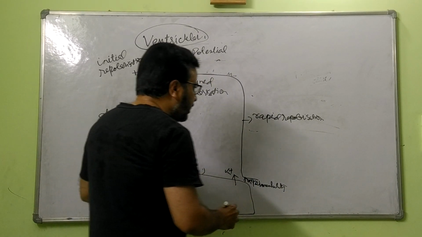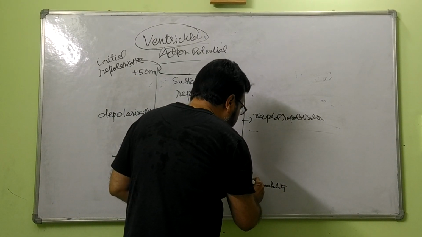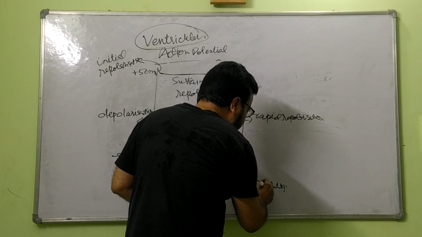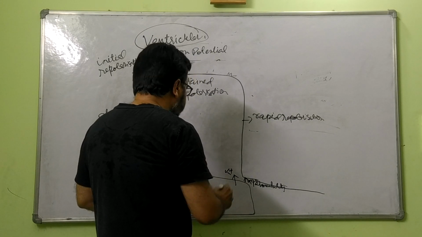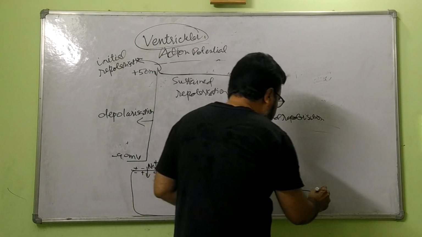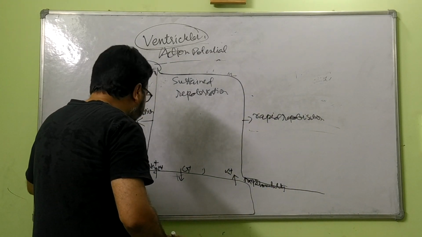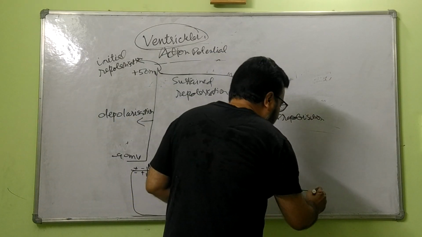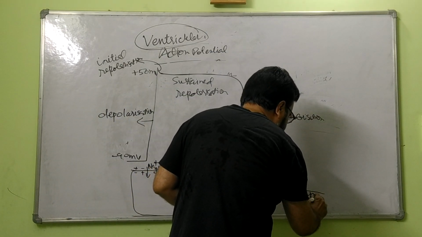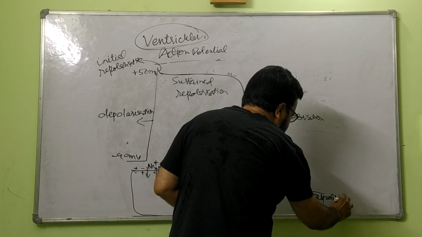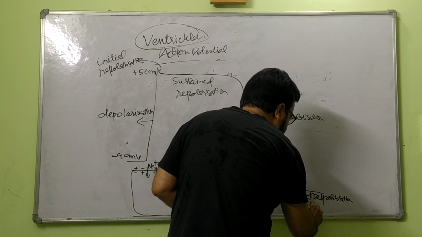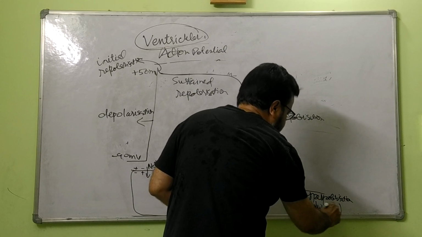When this repolarization, when this potassium exit is delayed, then the potential will further go down below the minus 90 millivolt level, and that will be hyperpolarization. Hyperpolarization is an inhibitory stage.